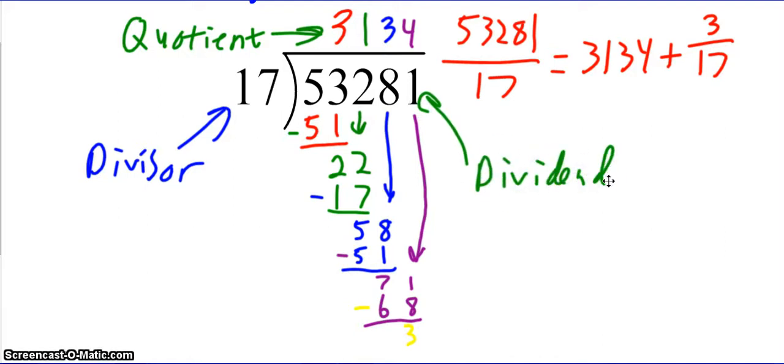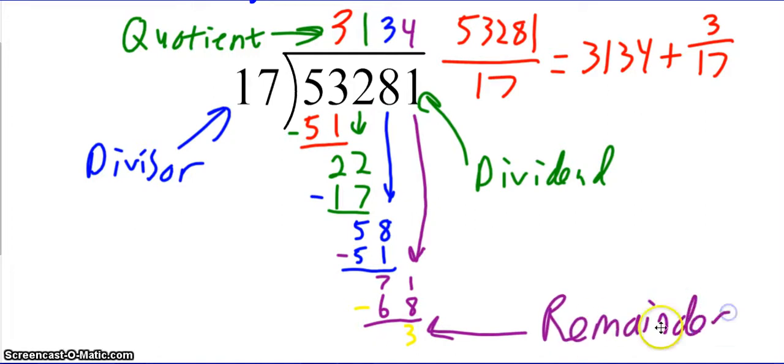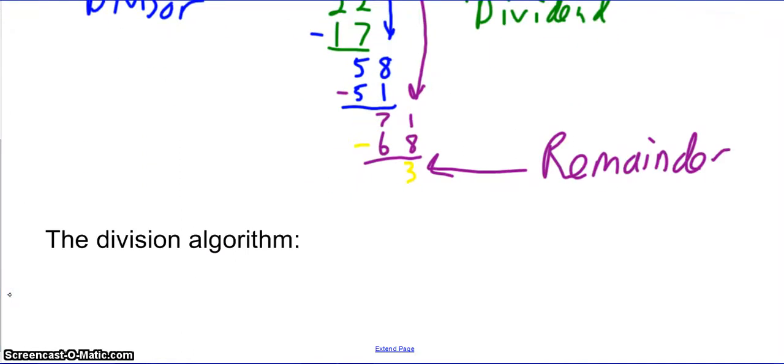This is the dividend, and then the 3 is our remainder.